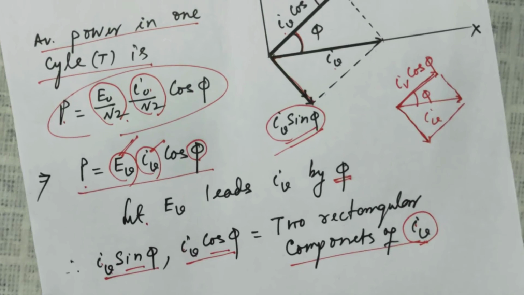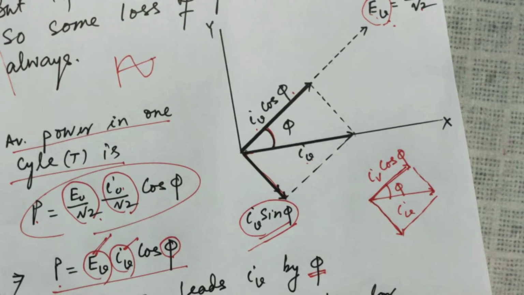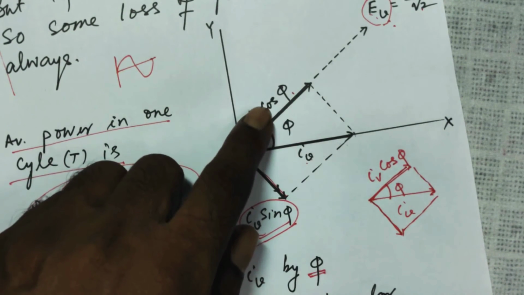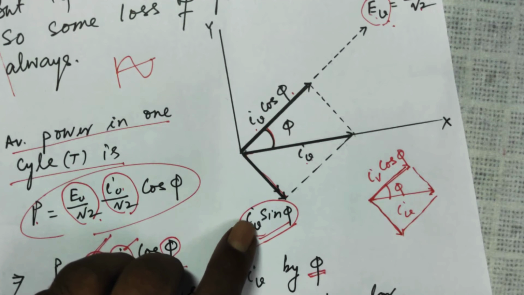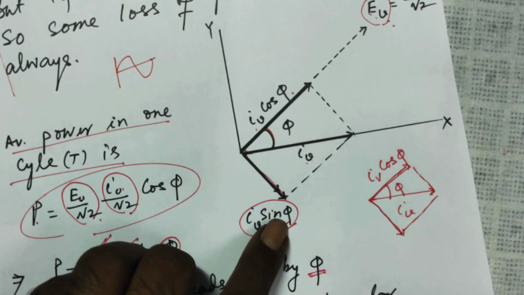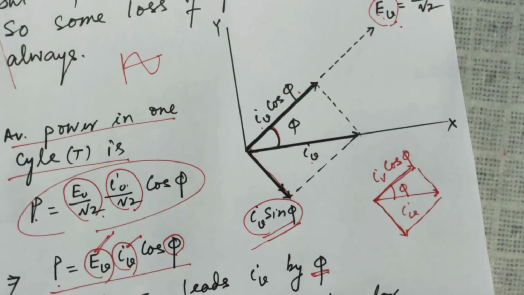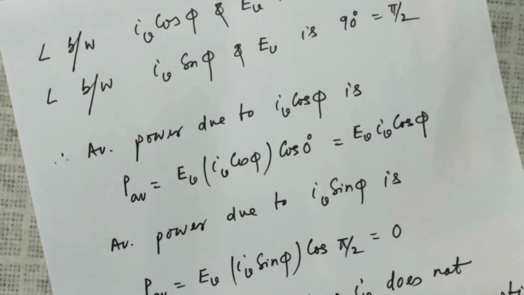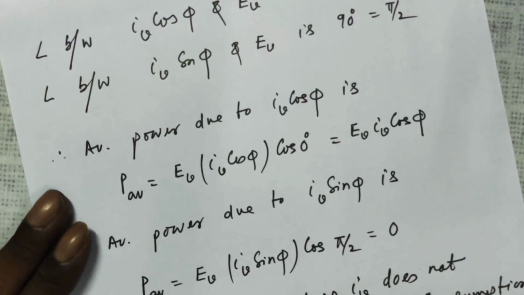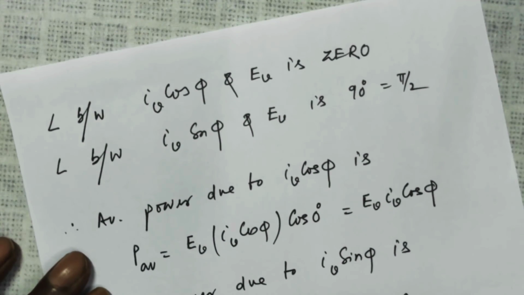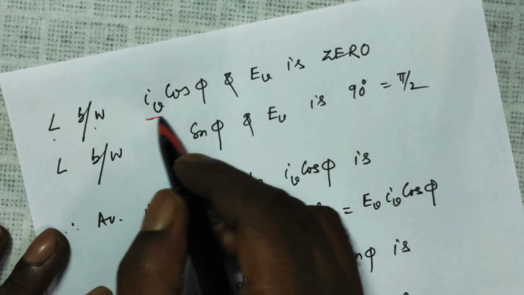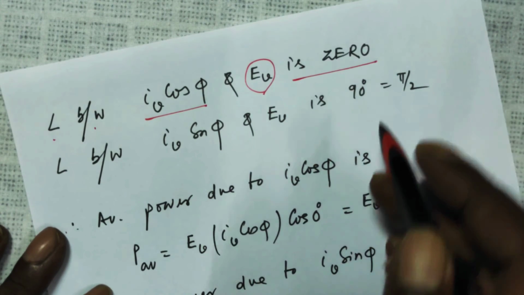Now let us see what is the power consumption due to this current and this current. Does IV sin phi consume any power, or does IV cos phi consume any power or not? Let us check that. Now, the angle between IV cos phi and EV is equal to 0.